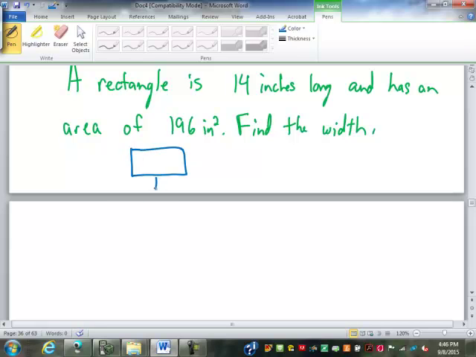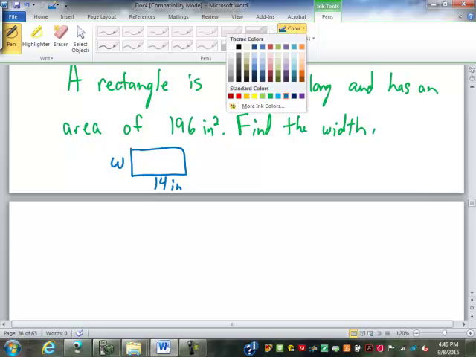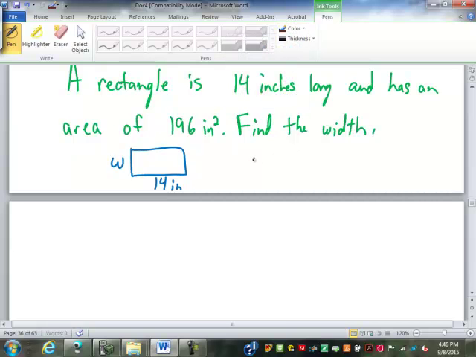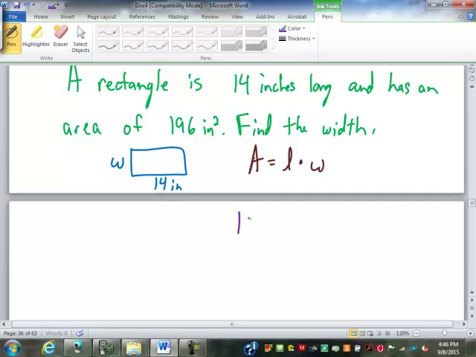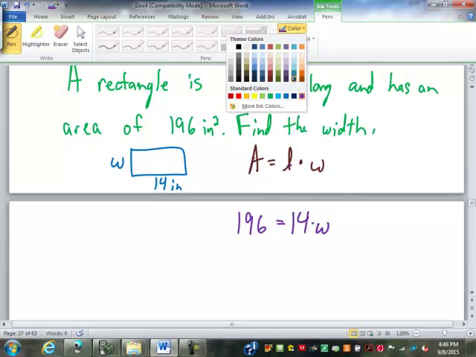So we already know that the length is 14 inches. We're looking for the width here. But we know that area is length times width. So for the area, we put in 196. For L, we put in 14, and we were looking for the width. How do we solve this?